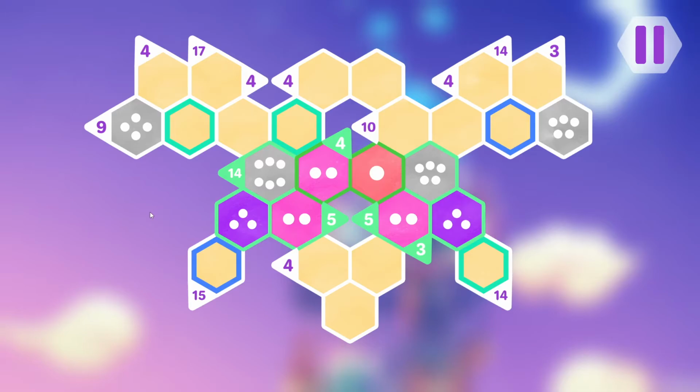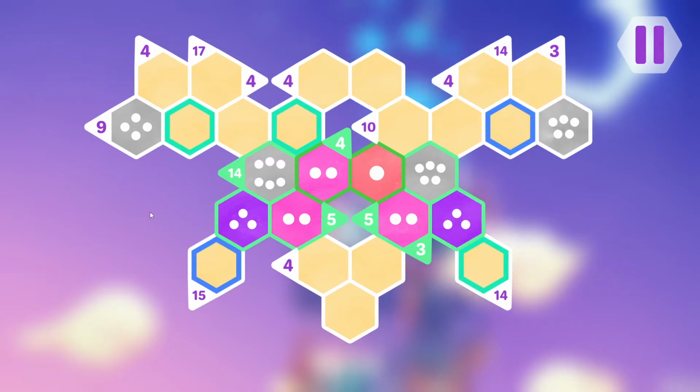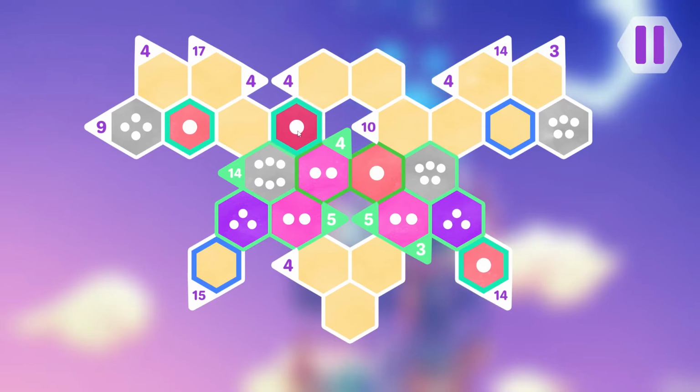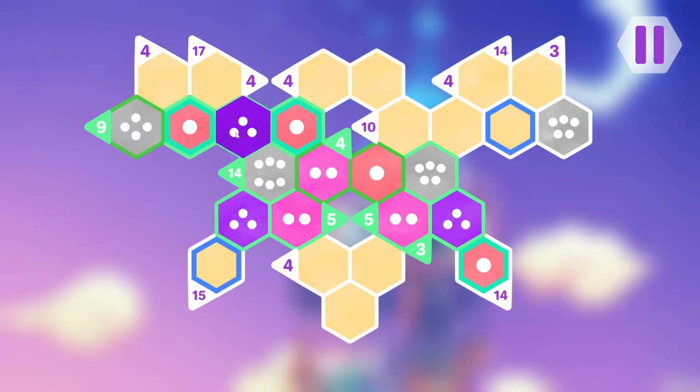But let's try to figure out a better way. So, okay, let's assume that this is 1. So if this is 1, then it's 4, 6, so 3 remaining.